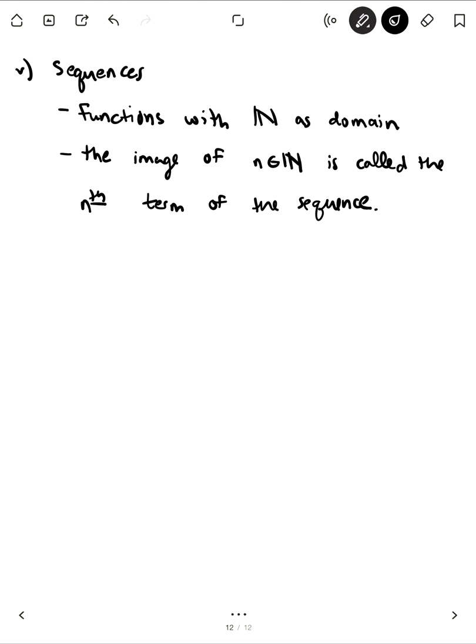Right, so an example of this is, say, x_n. This is a different notational thing: we just write x, and then as a subscript we write the term of the sequence. So this is the nth term of a particular sequence. The nth term is given by 1 over n squared plus 1.